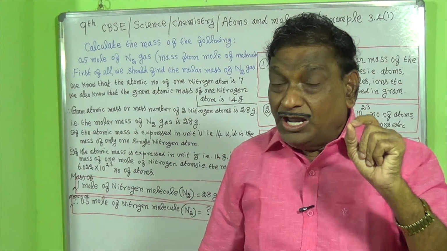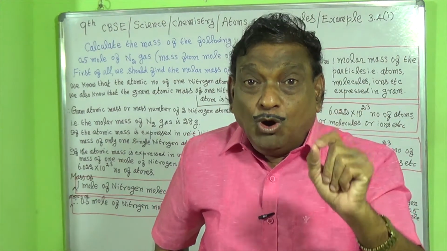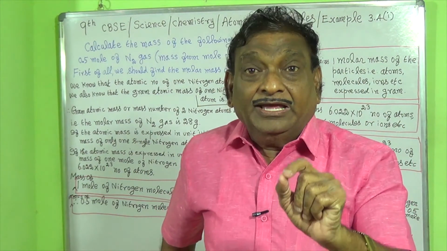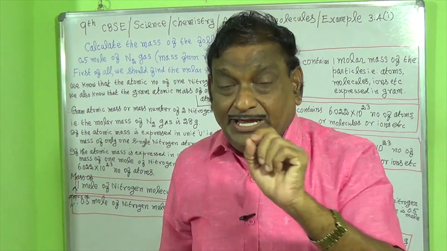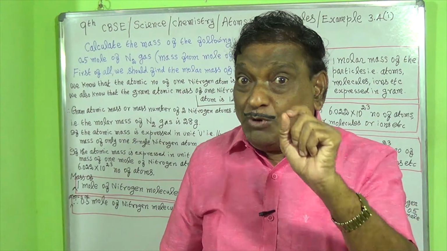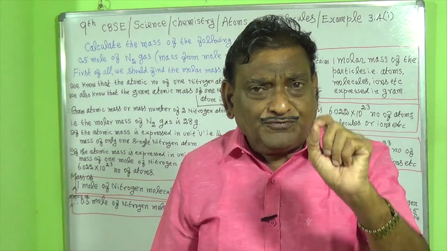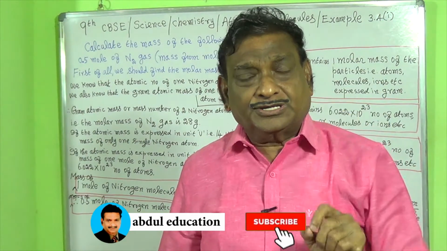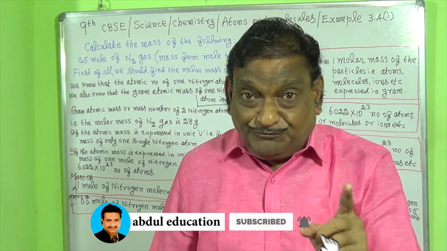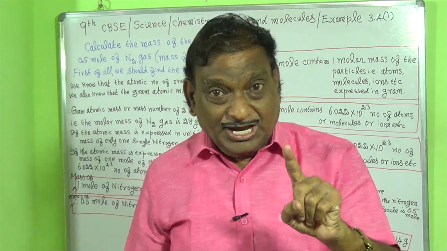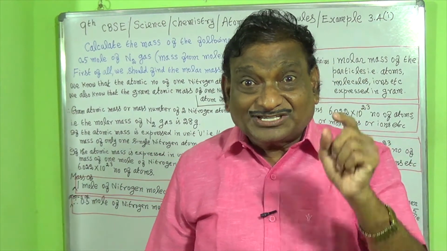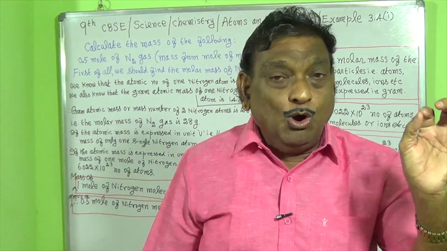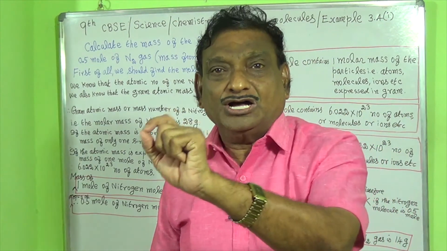First of all, we should find the molar mass of the N2 gas, that is N2 molecule. Why should we find the molar mass? Because if we find the molar mass, we can ascertain that 1 mole contains this mass.